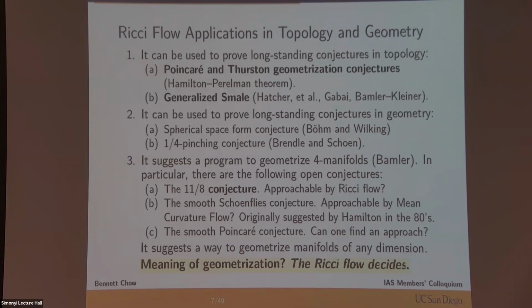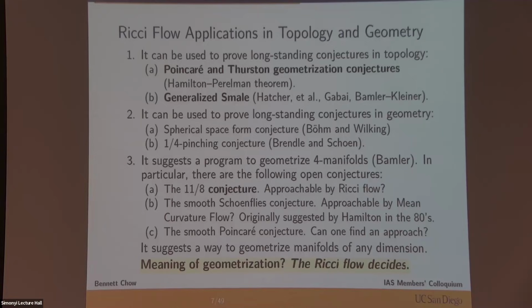The question is, what role might Ricci flow play in four-manifolds? It's incredibly complex, at least in the smooth case. In the topological case, the behavior is much simpler, at least certainly for simply connected manifolds.